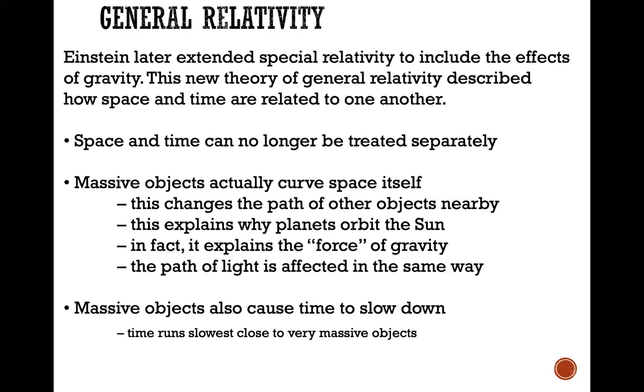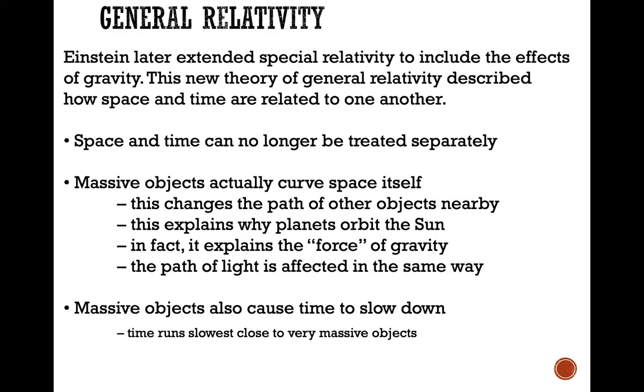Now, he stated that space and time can no longer be treated separately, so they are related to each other. What he stated is that when you have a massive object, it actually curves the space surrounding it, right?